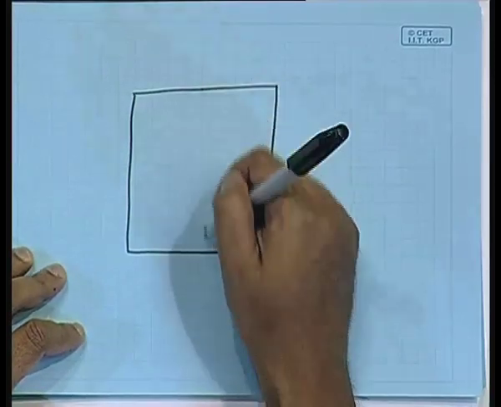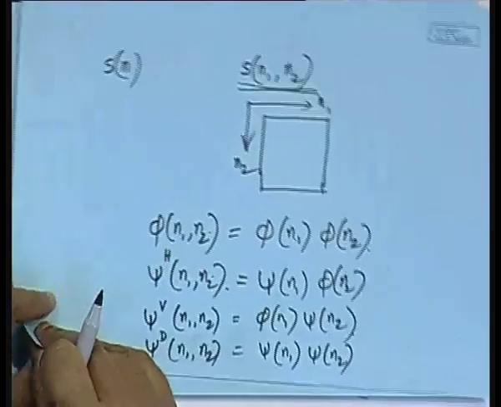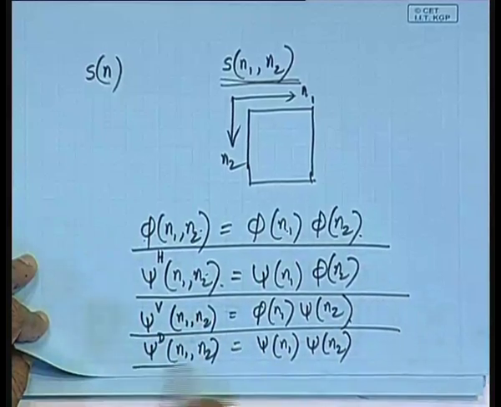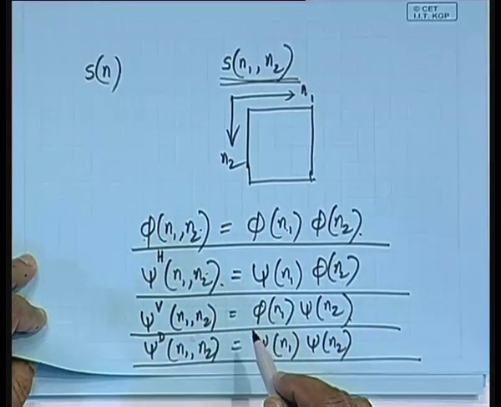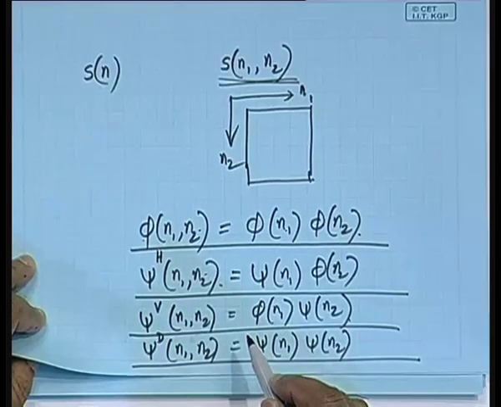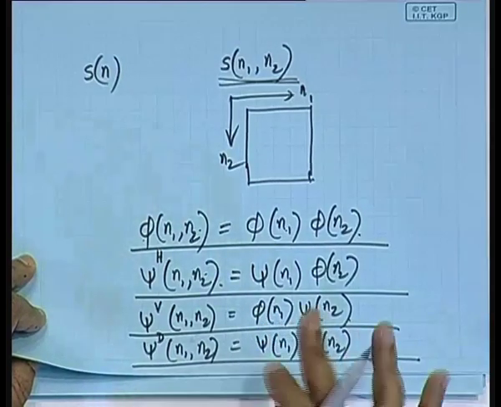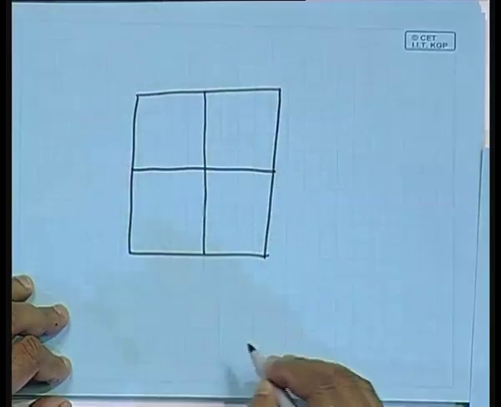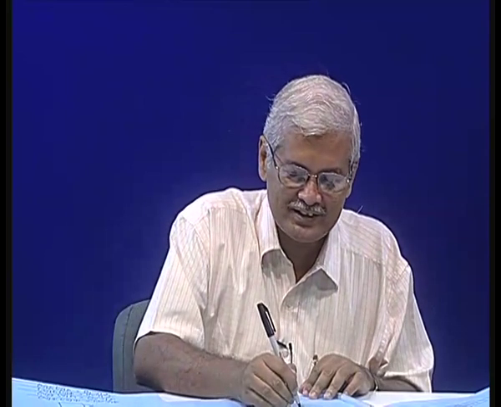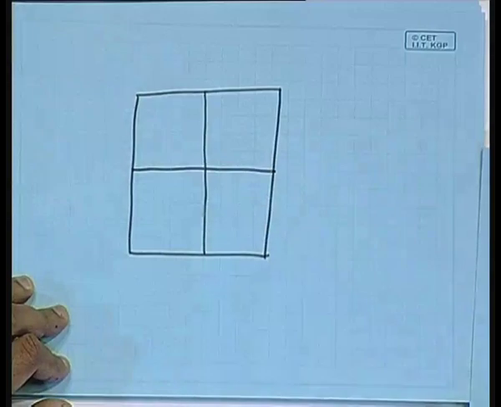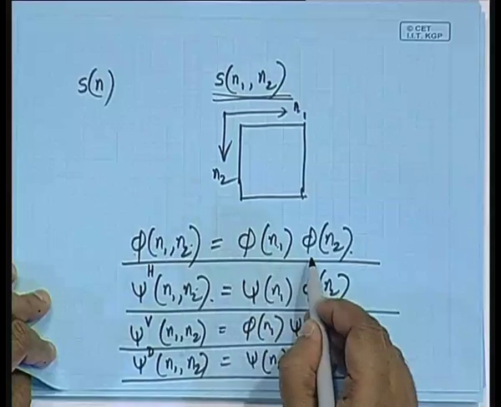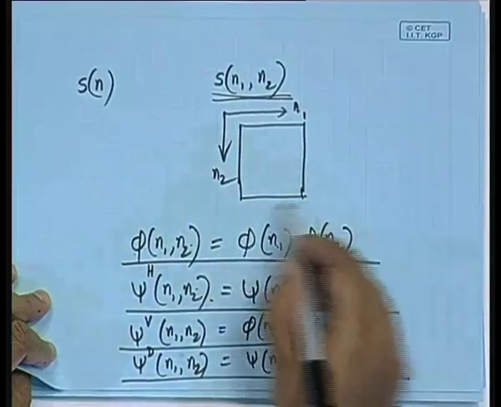Now, when I apply the 4 different wavelet filters, filter 1, filter 2, filter 3 and filter 4, these individual filter responses I can represent in my image space like this: I can split the image space into 4 quadrants, and in the top left quadrant I represent the image which is low pass filtered horizontally and low pass filtered vertically.